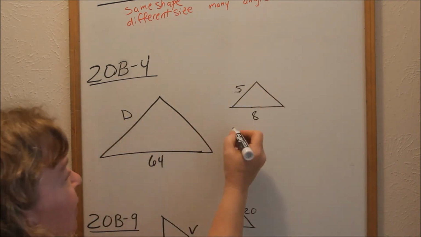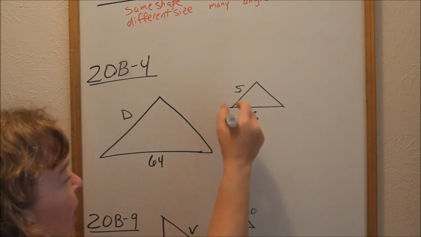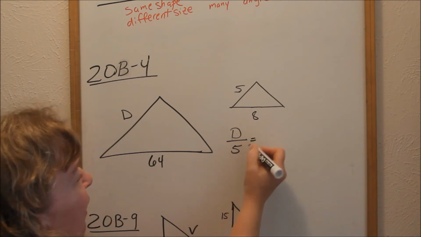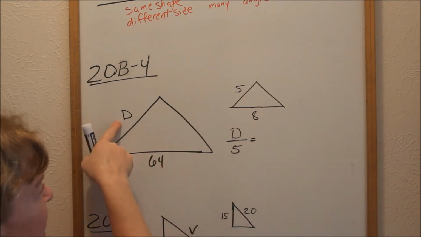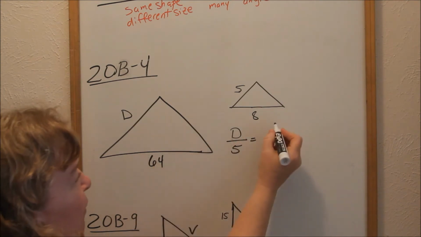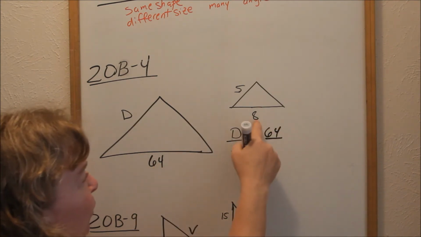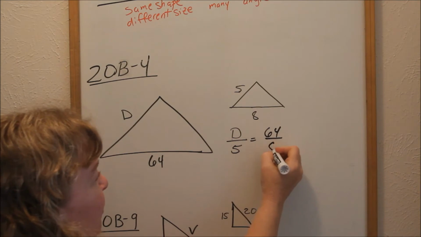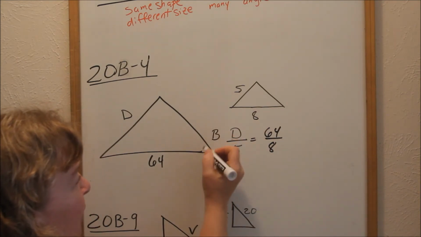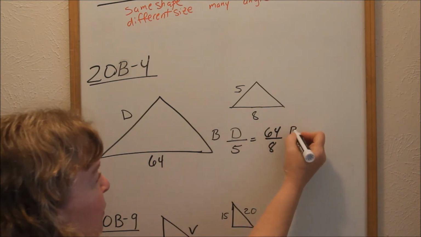So D corresponds to this side, so we're going to make it into a fraction of D over 5. And then we're going to set it equal to, since D is in the numerator over here, we're going to put 64 in the numerator on the other side of the fraction. And then 64 corresponds to this side over 8. And if you look here, D is the big triangle, 64 is the big triangle.